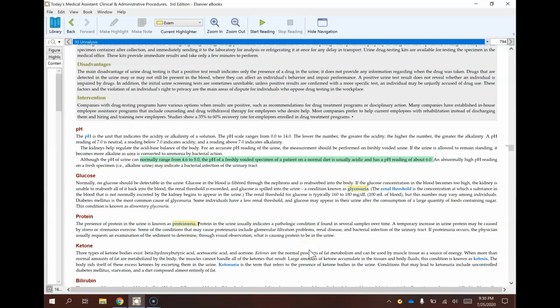Sometimes with elite athletes who do triathlons, 26 miles of running and 112 miles on their bicycle and a couple miles swimming, that's strenuous exercise. Primarily, though, protein in the urine will indicate problems with the kidneys, and that's things like the glomerular filtration, renal disease overall, bacterial infections in the urinary tract.